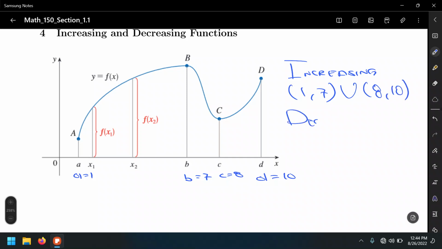And decreasing, 7 to 8. That's all we have for the graph, right? There's nothing else. Of course, we're going to look at this in depth, the theorems and the definitions and all that.